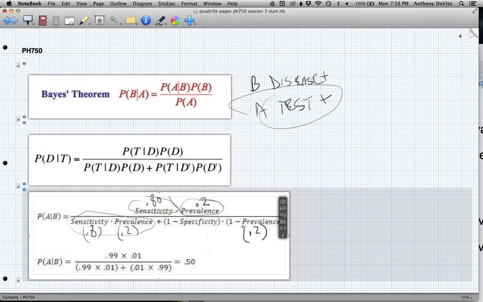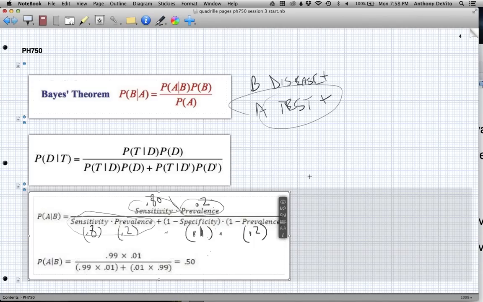Times, well, out of that group that didn't have the disease, what percentage of them tested positive? If we wanted to know what percentage of them tested negative, we'd use the specificity. But we want what percentage of them tested positive, so it's 1 minus the specificity, which, instead of being 0.9, which is the specificity, 1 minus is going to be 0.1. Okay? I know this can be a little confusing.